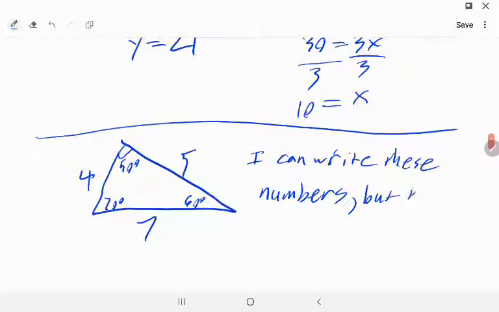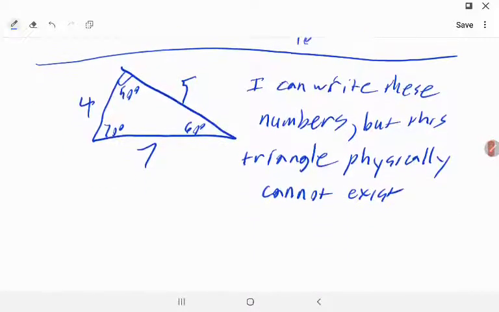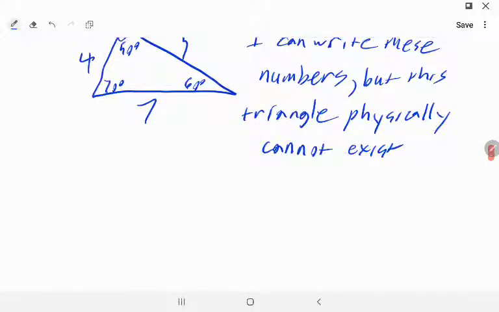But this triangle physically cannot exist. We could have a 4, 5, 7 triangle, so we could draw the triangle 4, 5, 7, so this can exist.